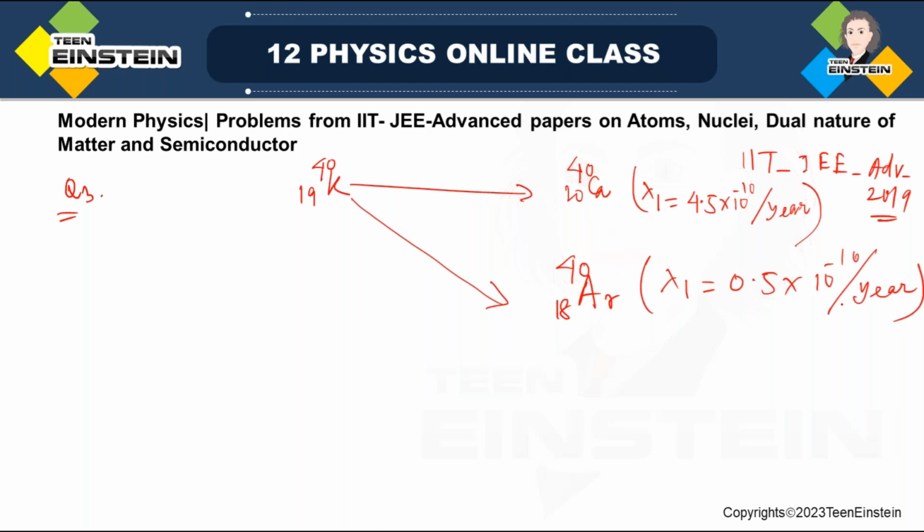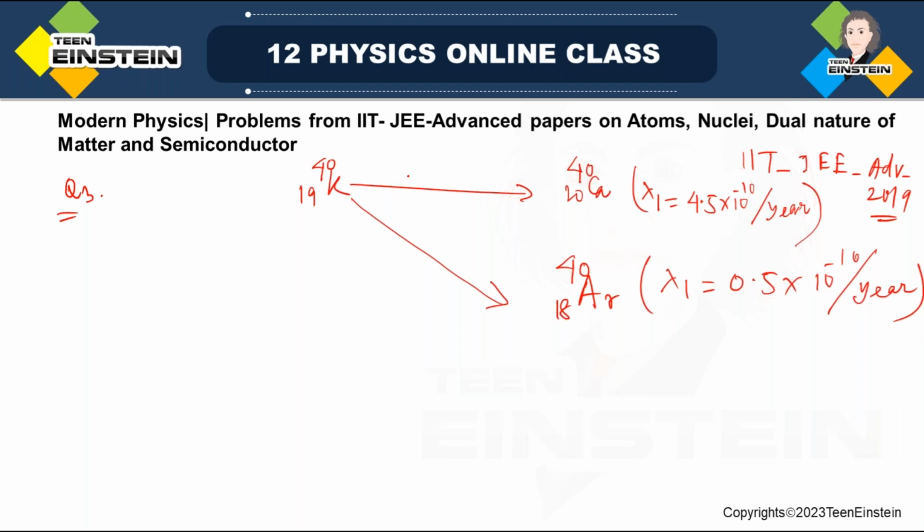So potassium can decay by two processes. That is the main point which we have to note here. There are two pathways for the radioactive nucleus potassium to decay.